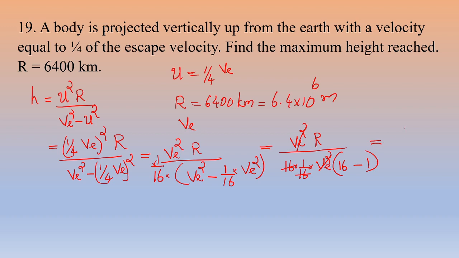So the remaining is capital R divided by 16 minus 1, that is 15. When you complete the calculation, you will get the value of H is equal to 426.7 kilometer.